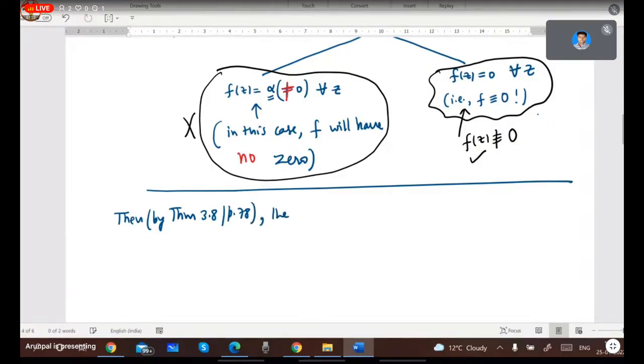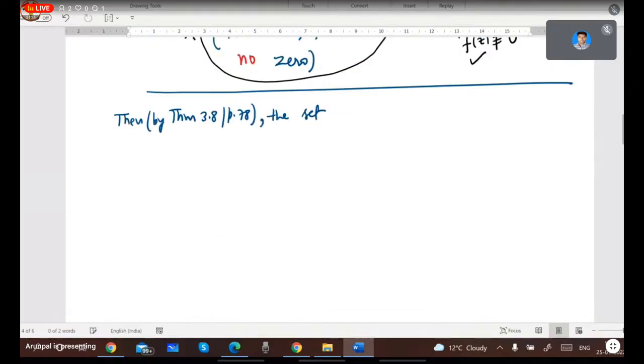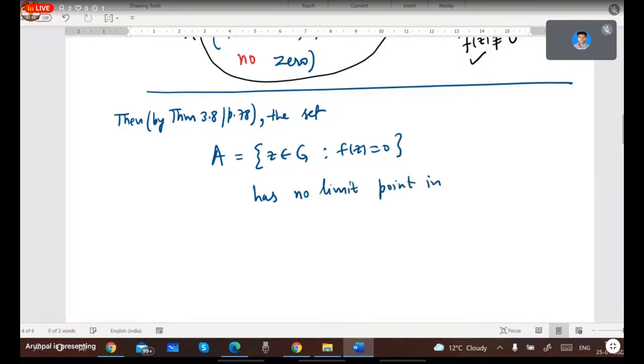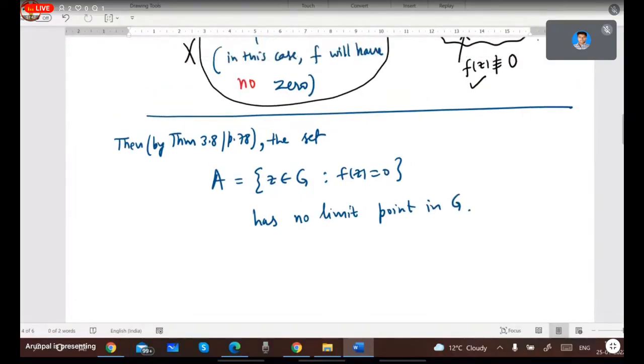Then the set A, equal to the collection of all those z's in G such that f(z) is equal to 0, has no limit point in G. Class, if you remember, in that theorem we did three equivalent conditions.